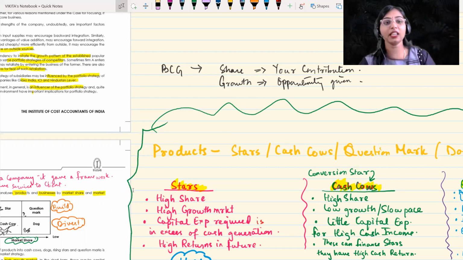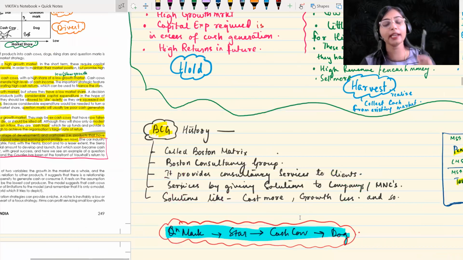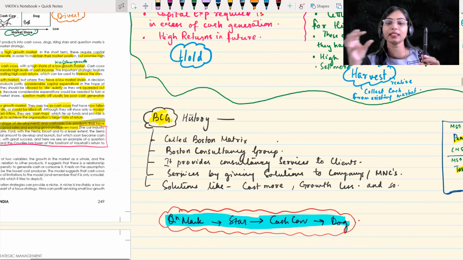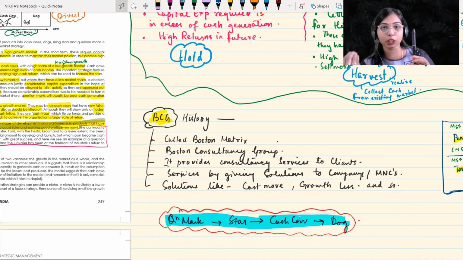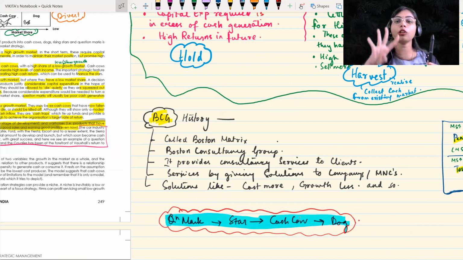Now BCG found that there is a way of understanding the product. There is a language of understanding it. So what it did, it provided consultancy services to that client, where it explained four different types of words, which are so beautifully explained in our chapter.